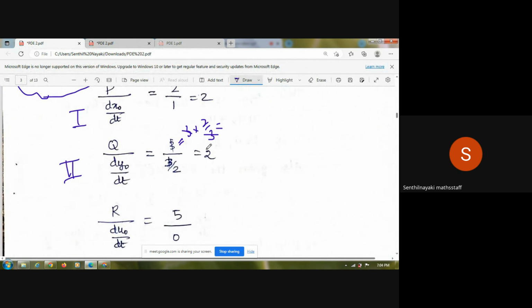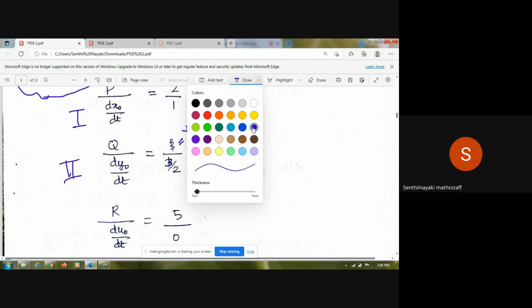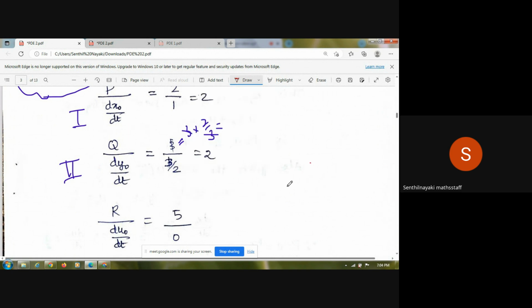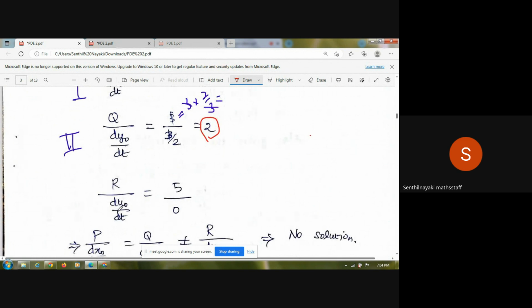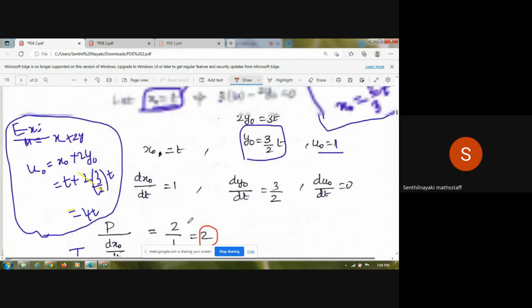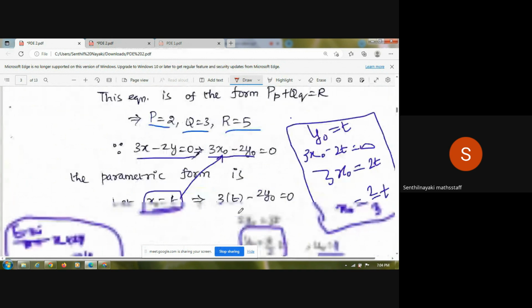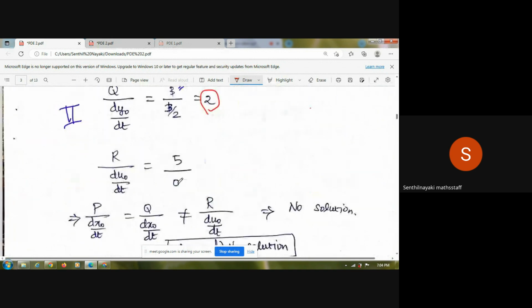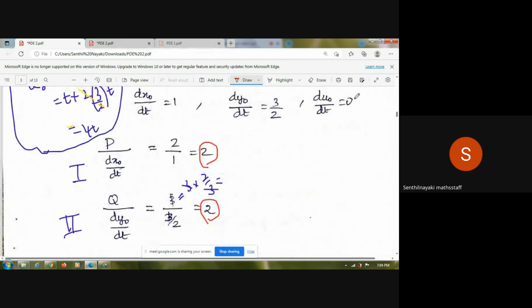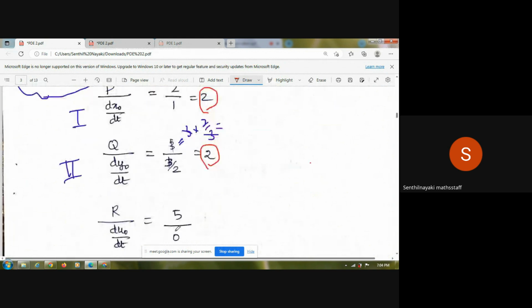But here the first ratio and the second ratio are equal. These two have the same value. So now we are going to check the third ratio, R by du naught by dt. R value is 5 and du naught by dt equal to 0, because that is a constant value. If you differentiate, we get 0.